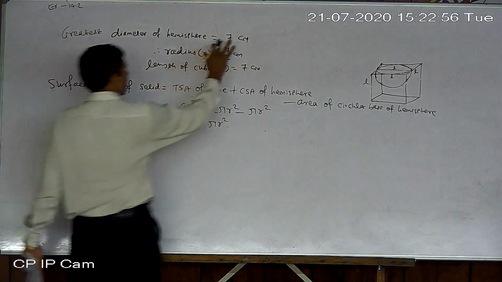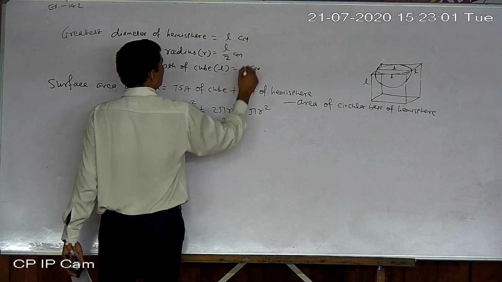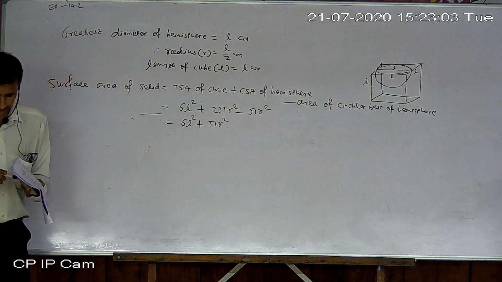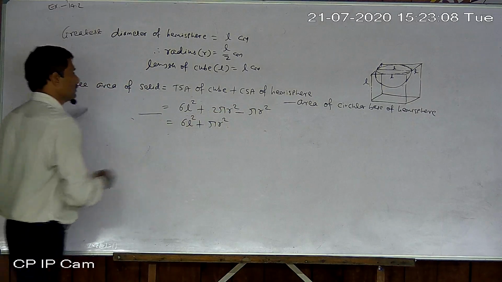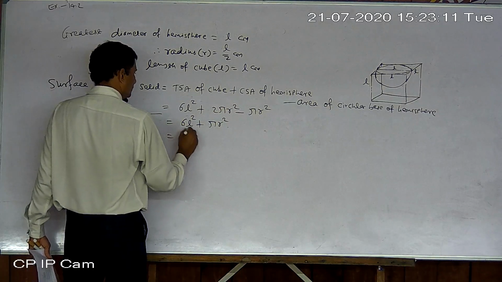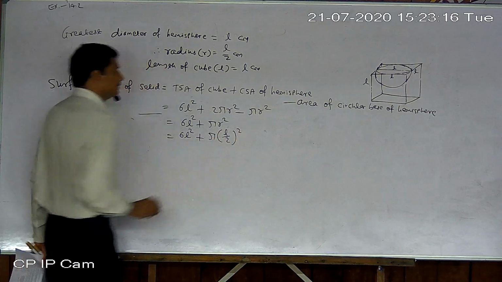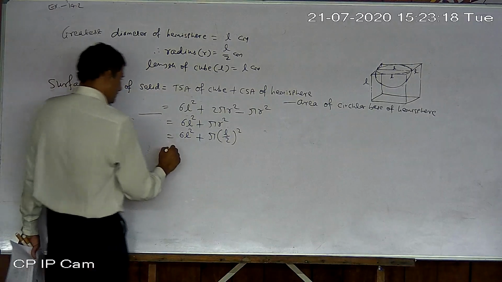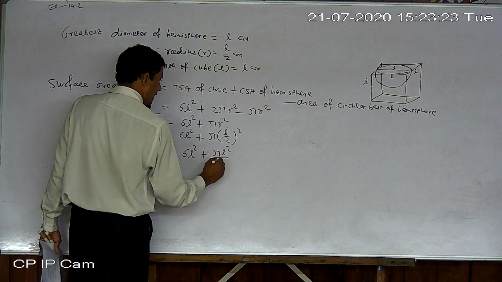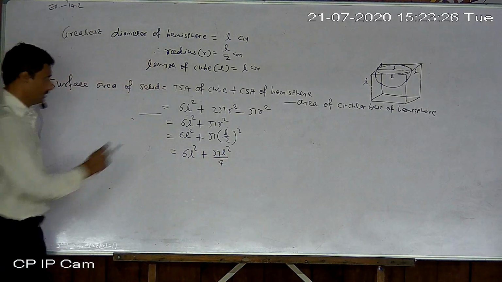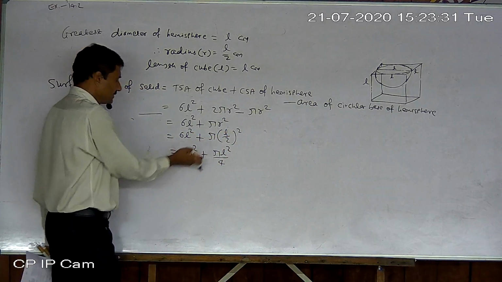Now I remove 7 and write down L. You understand? L remains L only. This remains in this also, this also. Now in place of R, write down L by 2. L by 2. Okay. So it is 6 L square plus pi L square by 4. Now we can do nothing because no value is given.